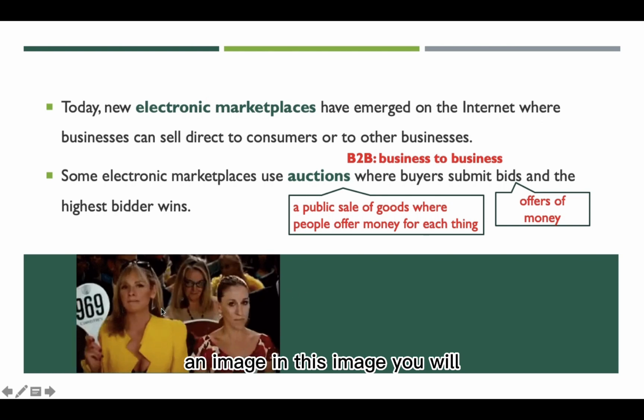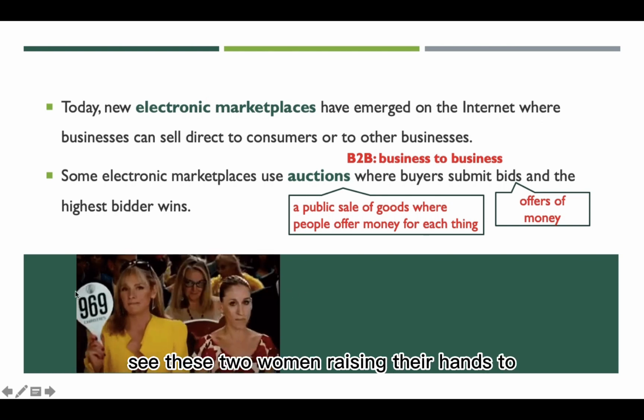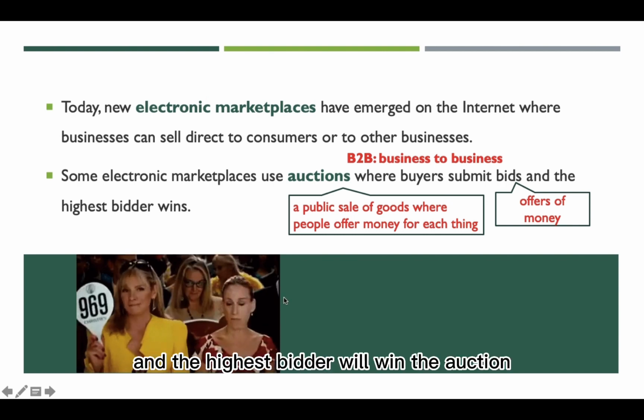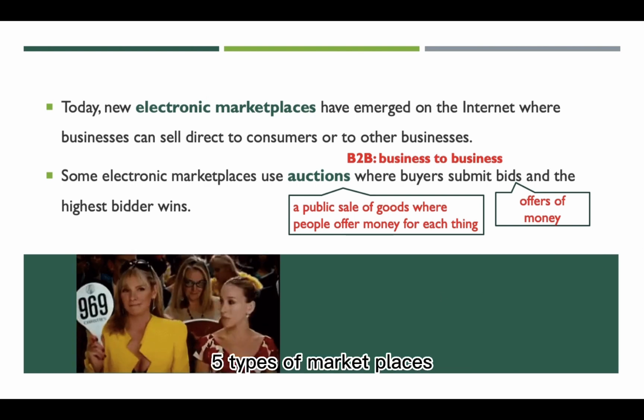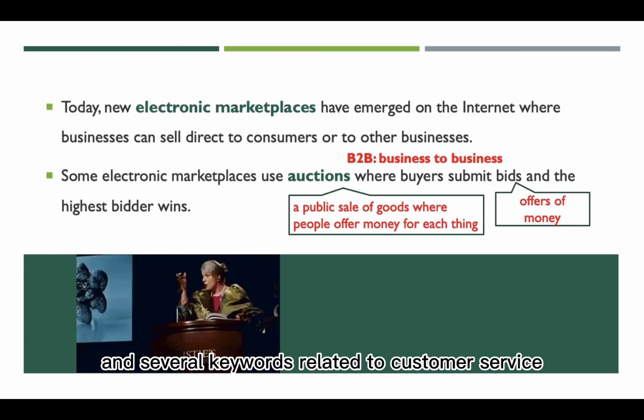In this image, you will see these two women raising their hands to show their bids, and the highest bidder will win the auction. Okay, so now we have talked about 5 types of marketplaces and several keywords related to customer service.